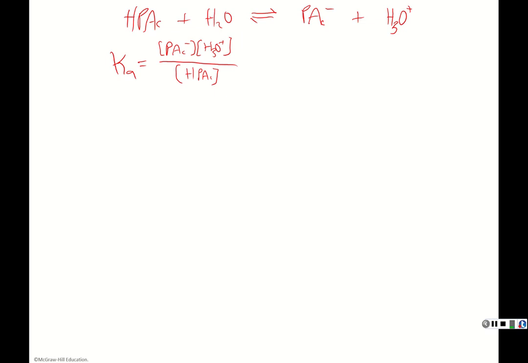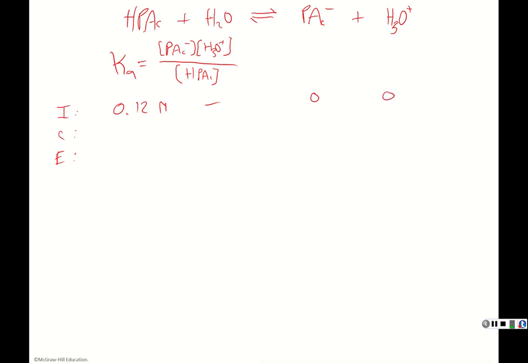Now we can write our reaction table. We have initial concentrations, the change in concentration, and our equilibrium value. The only thing we're told is that we had a 0.12 molar solution of our acid. H2O doesn't matter, great excess, and we can assume that we're not starting with any of these.